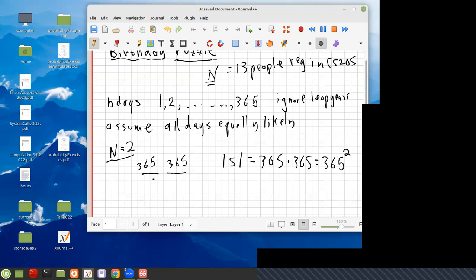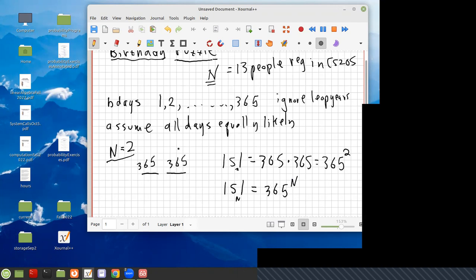If n was 3, it would be 365 times 365 times 365, so it'd be cubed. So in general, for n people, the sample space size would be 365 to the nth power. In our class, it would be 365 to the 13th power, which is a pretty big number, but that's our sample space size.